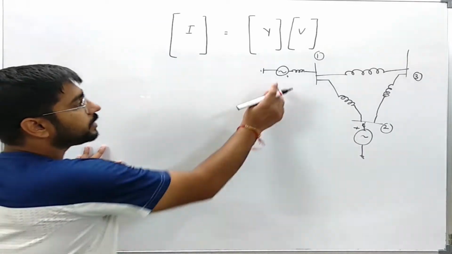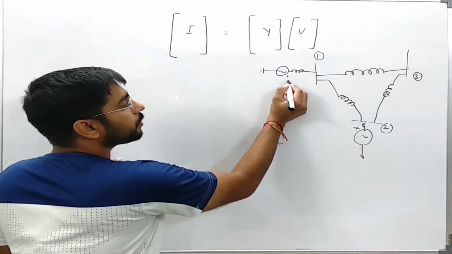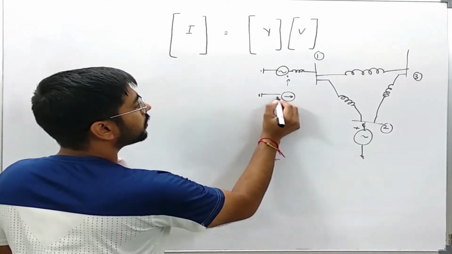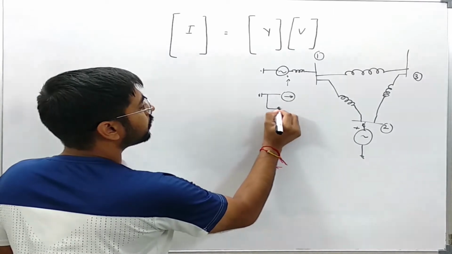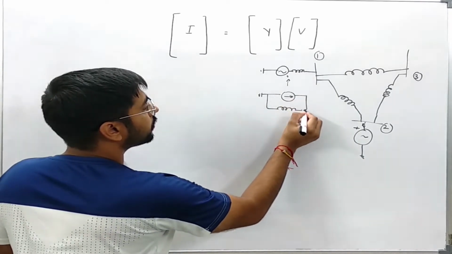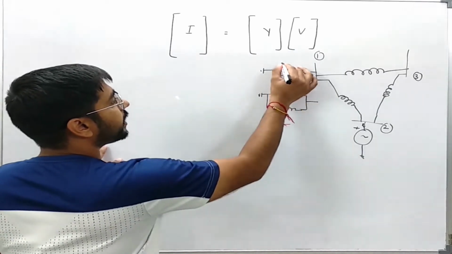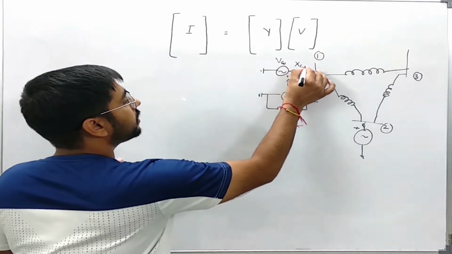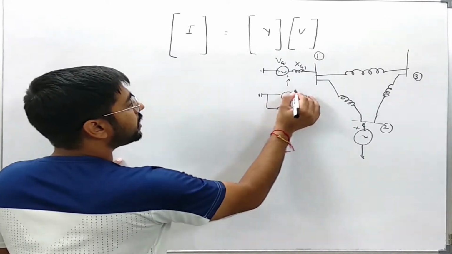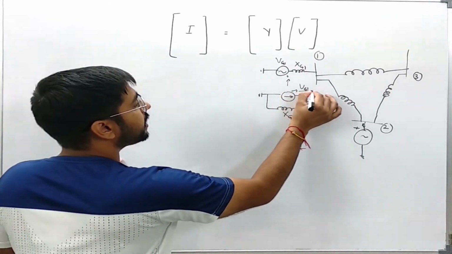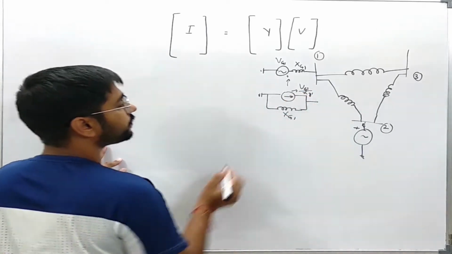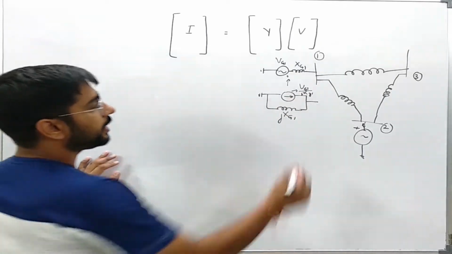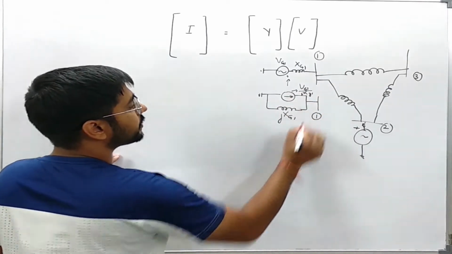Now this generator can be converted into an equivalent current source. Like this, where, let us say, if it is VG1 and XG1, then this will be simply XG1 and this will be VG1 by XG1. If it is J, then J will come here and this will get connected to bus 1 like this.